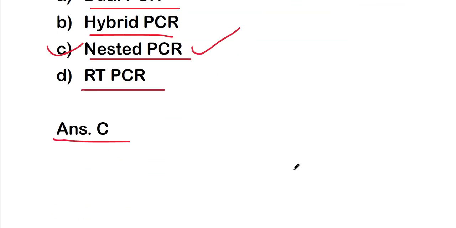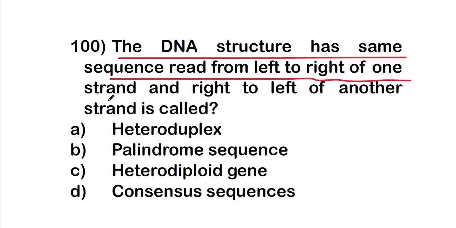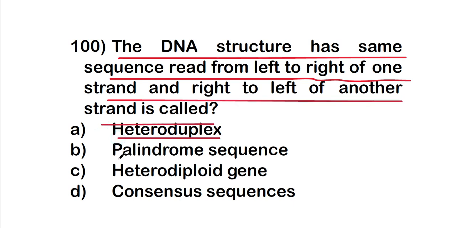Okay, so the last question of this video. The DNA structure that has the same sequence read from left to right on one strand and right to left on the other strand is called: option A heteroduplex, option B palindrome sequence, option C heterodiploid gene, or option D consensus sequence.